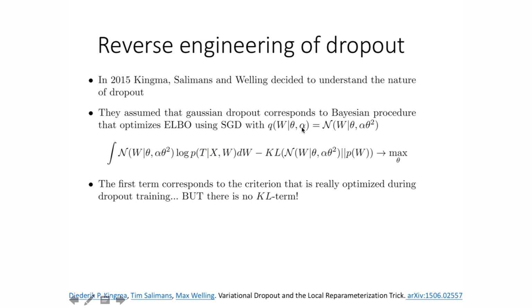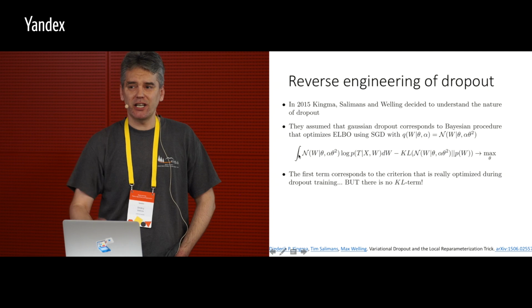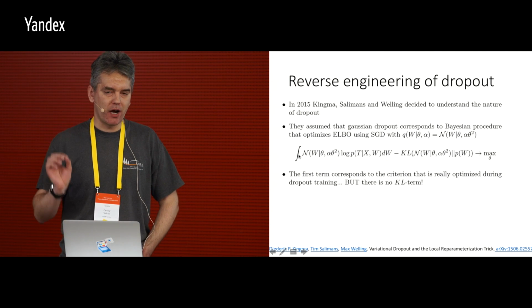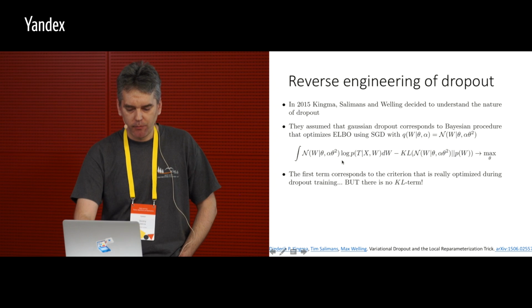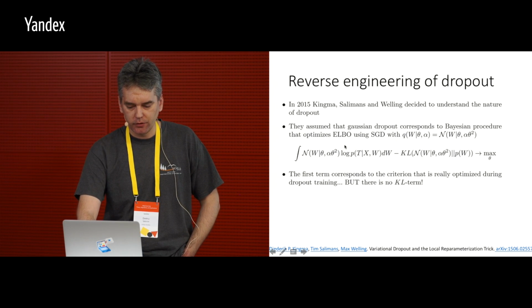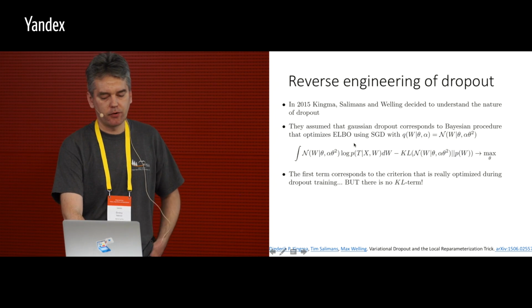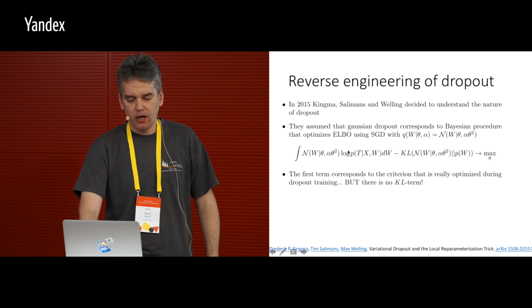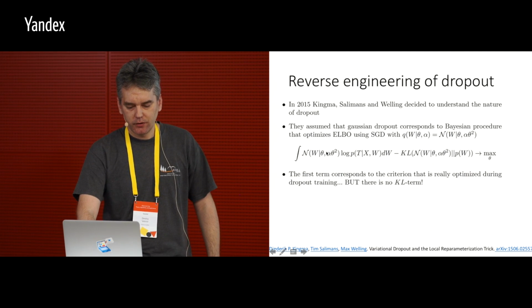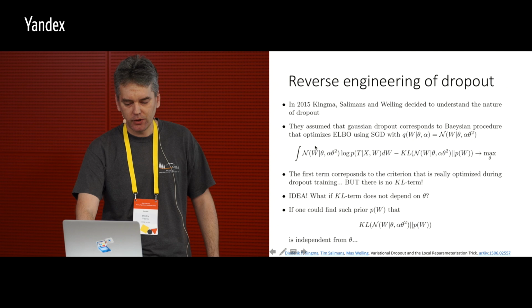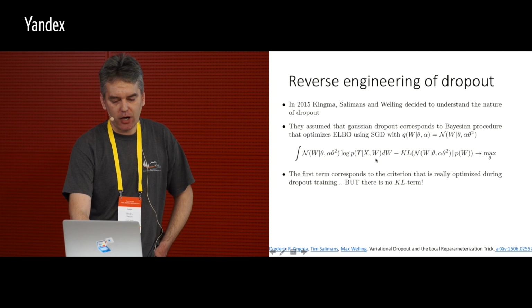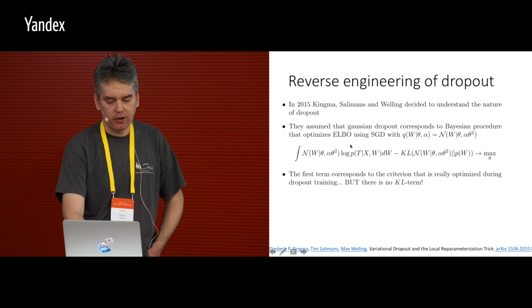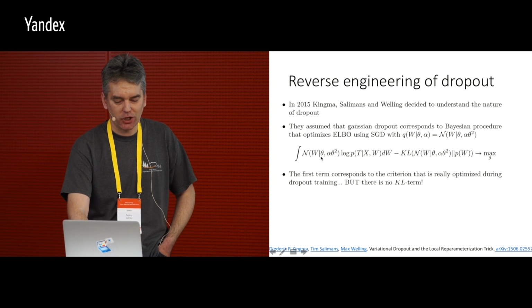And then the corresponding ELBO looks like this. The first term is exactly the thing we optimize during the Gaussian dropout procedure, because this is our training log likelihood. On each iteration of Gaussian dropout training, we noisify the weights, so we sample from this distribution, and we compute the stochastic gradient with respect to the true weights, which are theta.